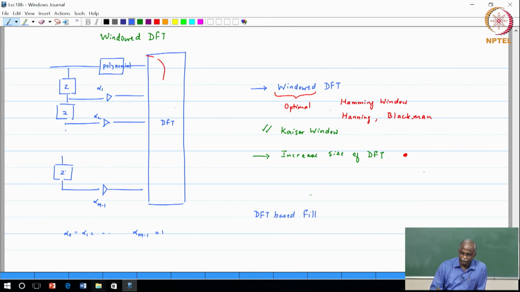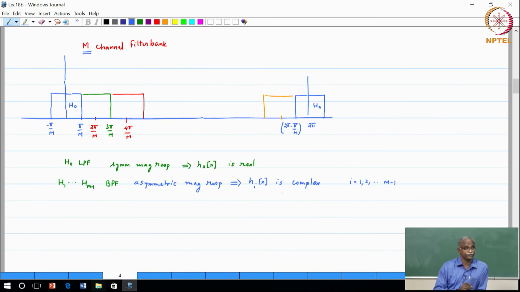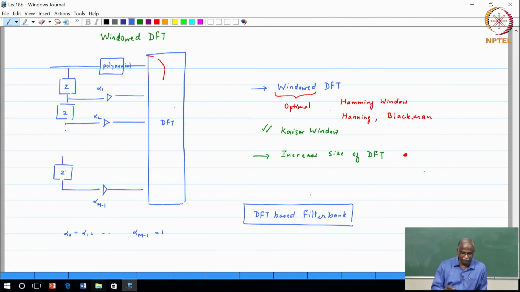So, the DFT based filter bank tells us that we can achieve a bank of filters with very low complexity of this form. As a special case, we made the polyphase components equal to 1, constants equal to 1, and showed that that is the DFT. And we showed that that has got limitations in terms of spectral resolution when you want to do spectral analysis. And you go back a full cycle and say, if you want to get very good spectral analysis, then design a very good filter.